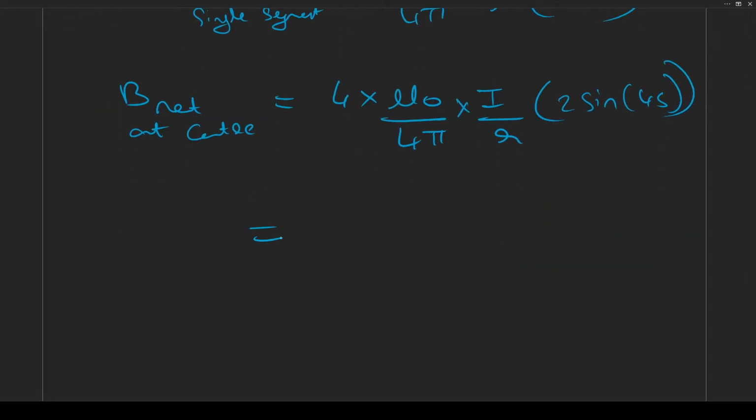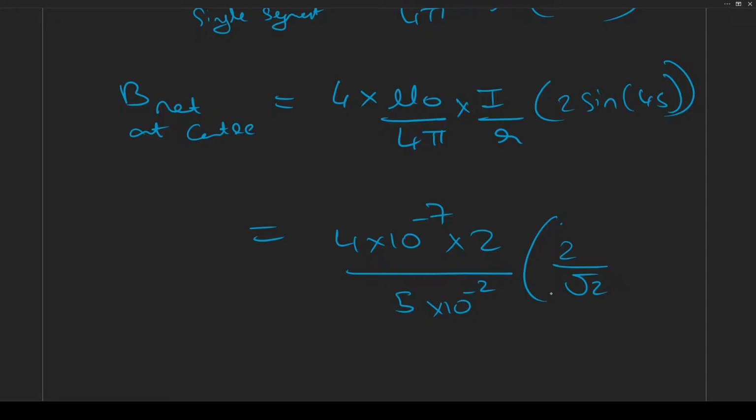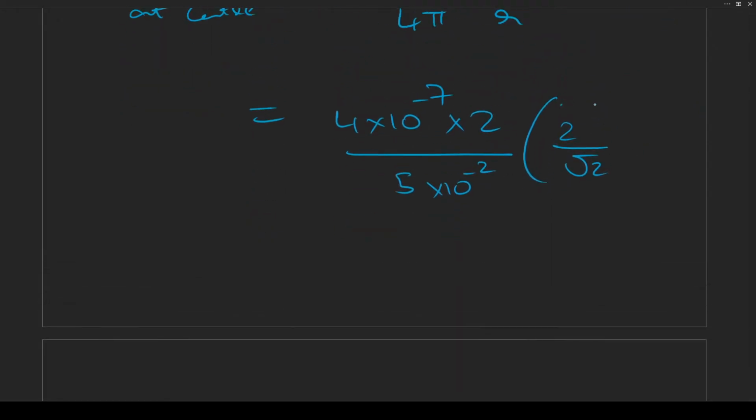Now when we substitute the values, we will get 4 into 10 power minus 7 into 2 ampere by R, where R should be L by 2, so 5 centimeter, or 5 into 10 power minus 2, and 2 sine 45 is 2 times 1 by root 2, which we can rationalize by multiplying with root 2.